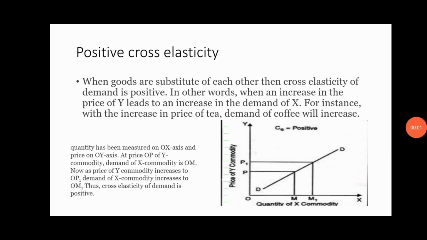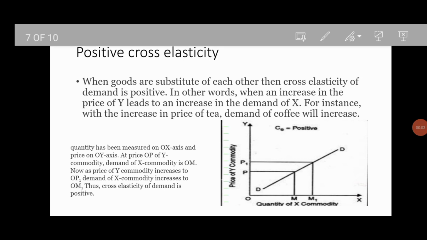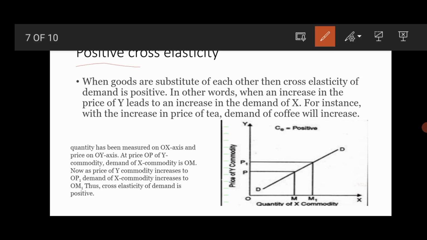So now we will see the different types of cross elasticity of demand. In that, first one is positive cross elasticity of demand. When goods are substitutes of each other, then cross elasticity of demand is positive. So here they are saying that in case of substitute goods, cross elasticity of demand is positive.